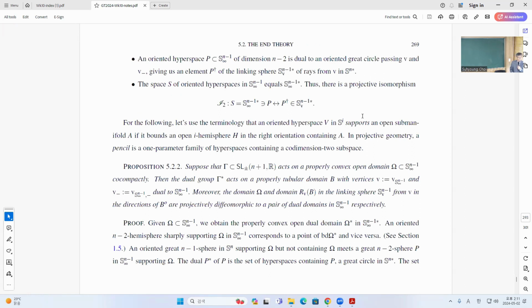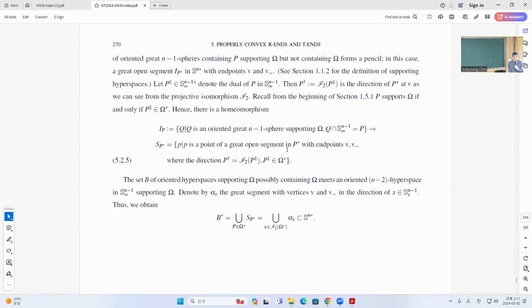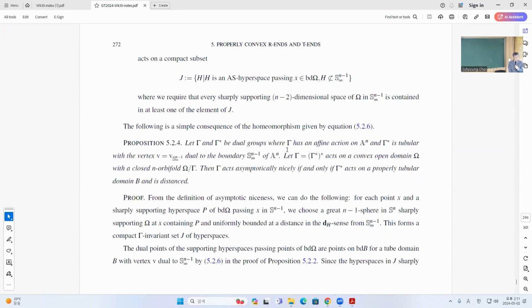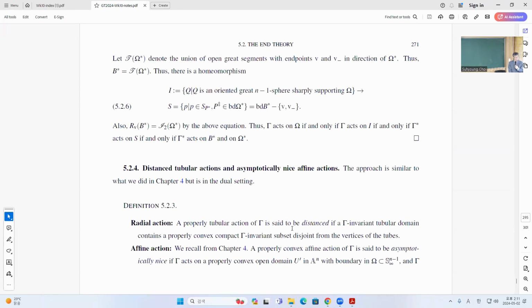And so the set of hyperplanes in here will correspond to the dual of this S^n minus one. Basically what I have to do is that the action is a radial action in this invariant tubular domain.